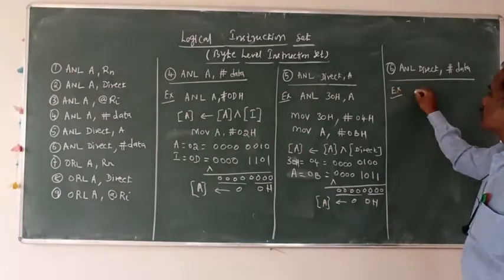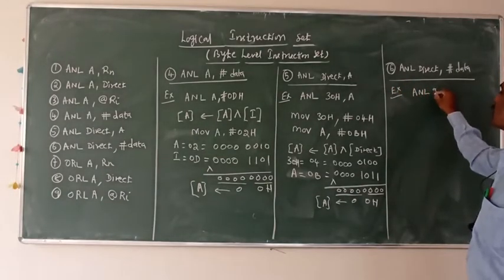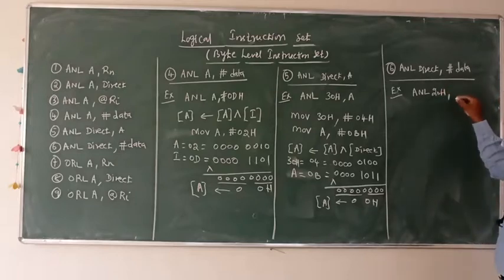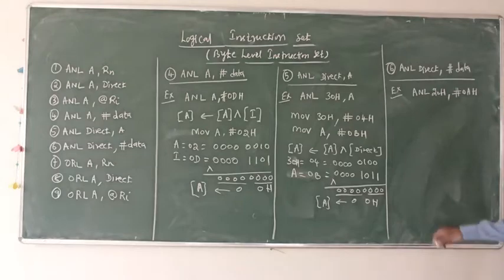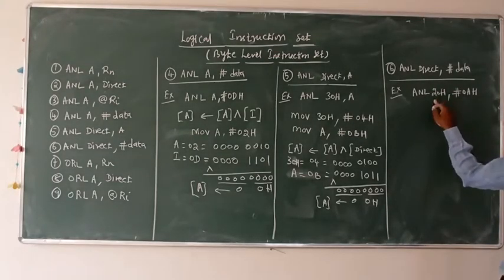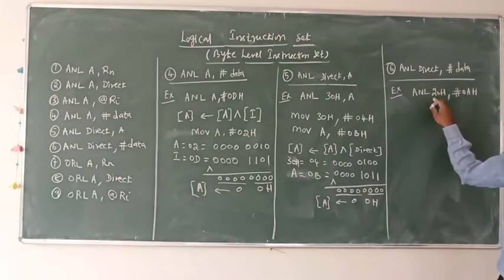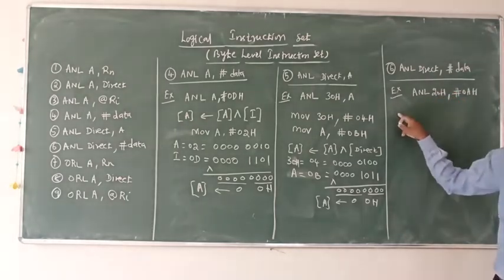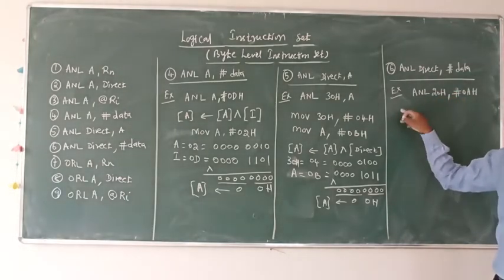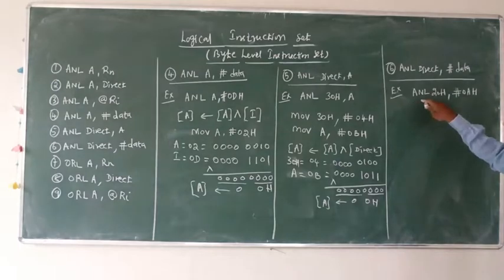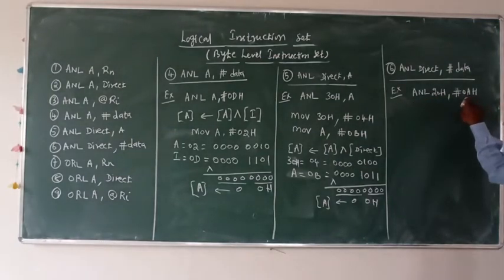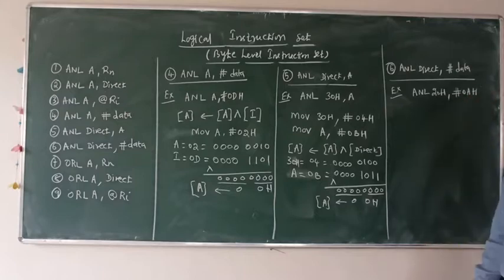Example: ANL 20H, #08H. Here 20 means the direct memory address location. This is the memory. In this memory address location, what will be the data? That data is logically ANDed with the immediately given 8-bit data.